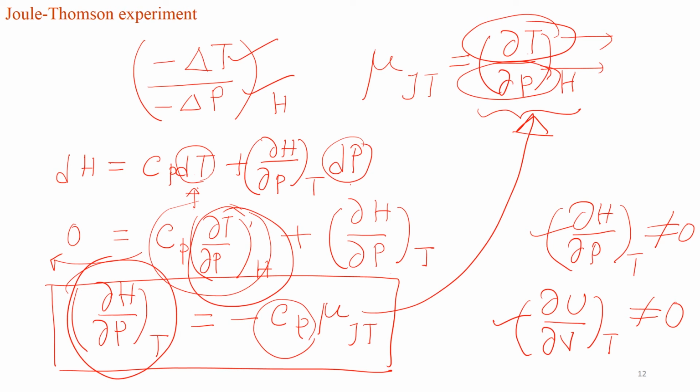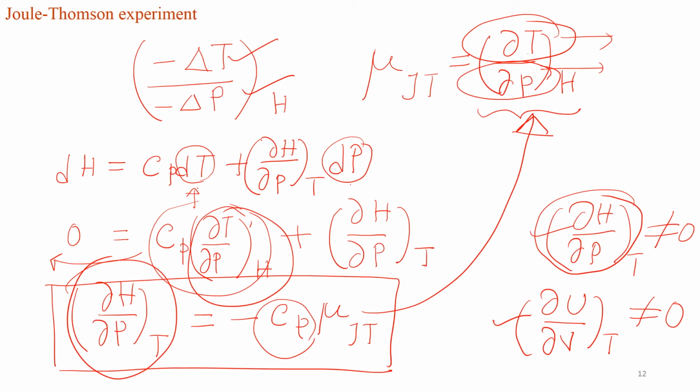What is the difference between heat capacity at constant pressure minus heat capacity at constant volume? We found for ideal gases, for 1 mole of ideal gas, the difference will be nothing but equal to the molar gas constant. And then we proceeded and tried to figure out what is the value of this quantity del H del P at constant T for a real gas.